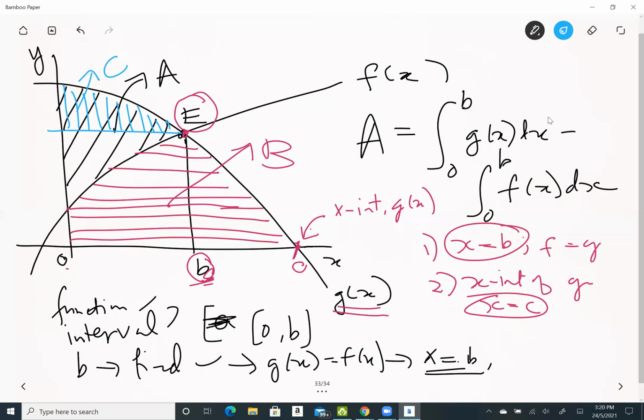Okay, we don't want the area of the rectangle. You observe that is the rectangle. Now, how do you get the area of a rectangle? You know already the value of x, which is 0 to b, that means b. In order to find the area of the rectangle, what else do you need?